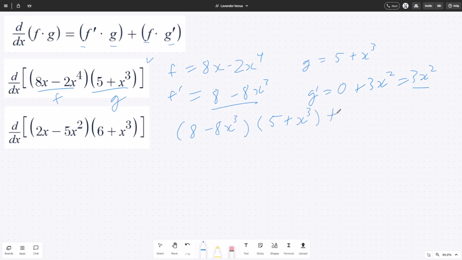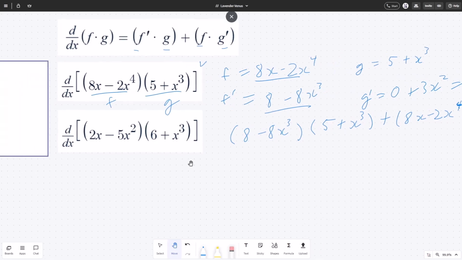And we just add the second part, which is f times g prime. What's f? f is 8x minus 2x to the power 4, and g prime is 3x squared. So that is what we have right there.